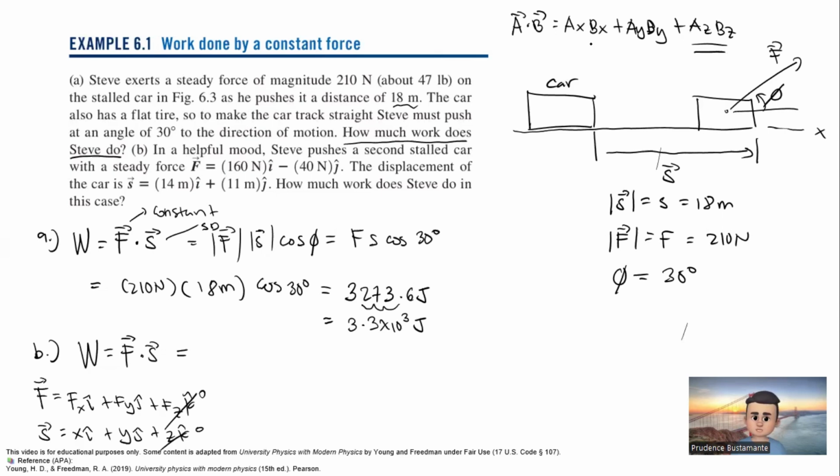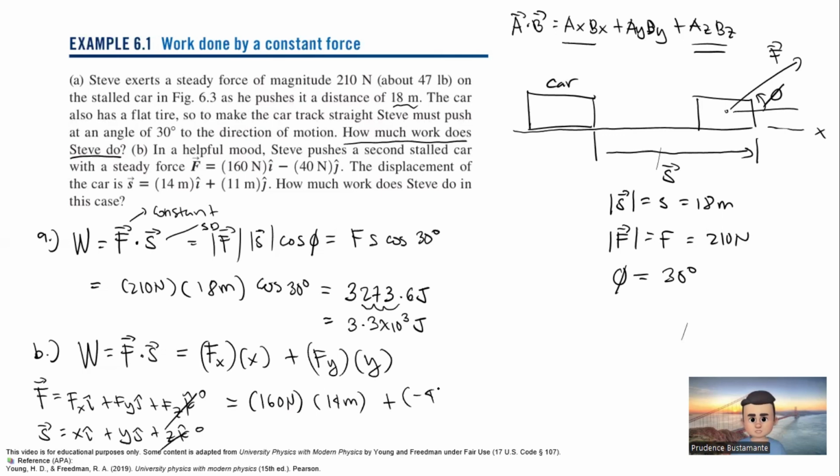Therefore, if you look at this one, apply that formula. So you have Fx times x plus Fy, the components of the force, times y. Okay, so we have 160 Newton times 14 meters, again two significant figures, plus negative 40 Newton times 11 meters.